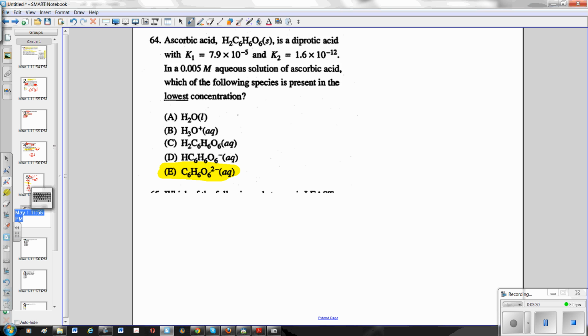Next one. Notice this is a weak acid, and notice there are 2 H's. There are 2 Ka values. The second Ka value is very small.